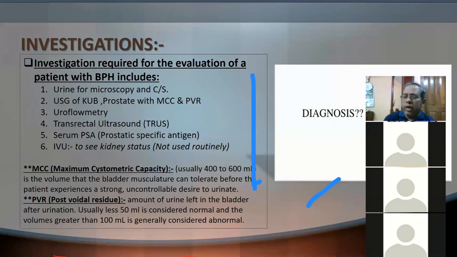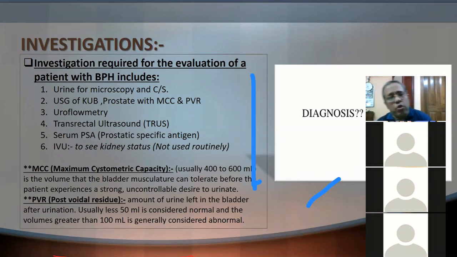MCC is micturating cystometric capacity. That means the maximum capacity of the patient to hold urine, the bladder capacity, is measured. And after voiding, we again measure what remains in the urinary bladder, which is called the post-void residue. That too indicates the symptoms of the patient and the effect of the prostate enlargement.